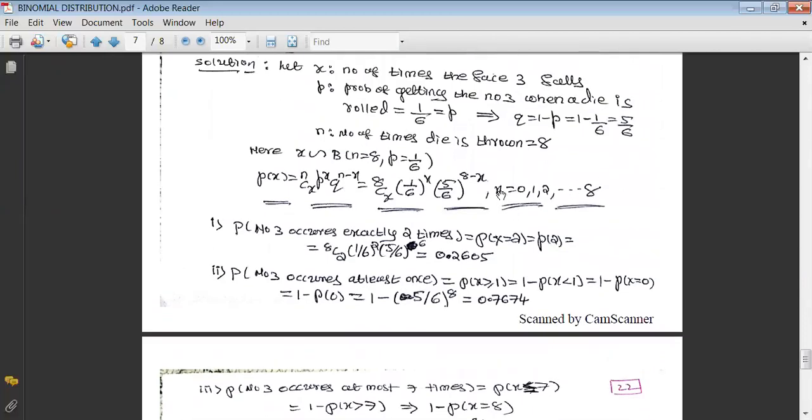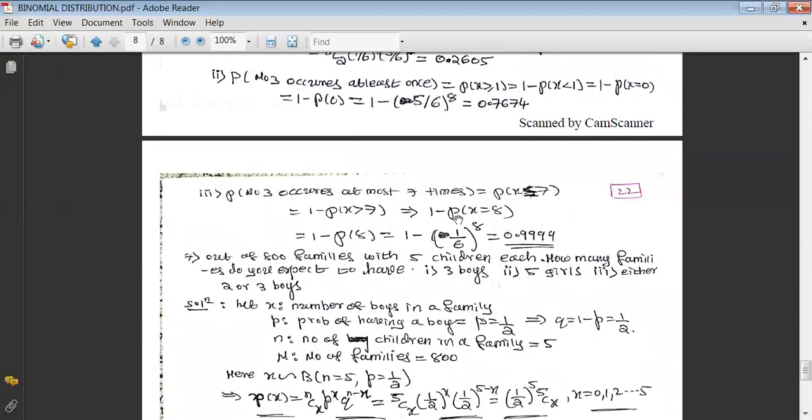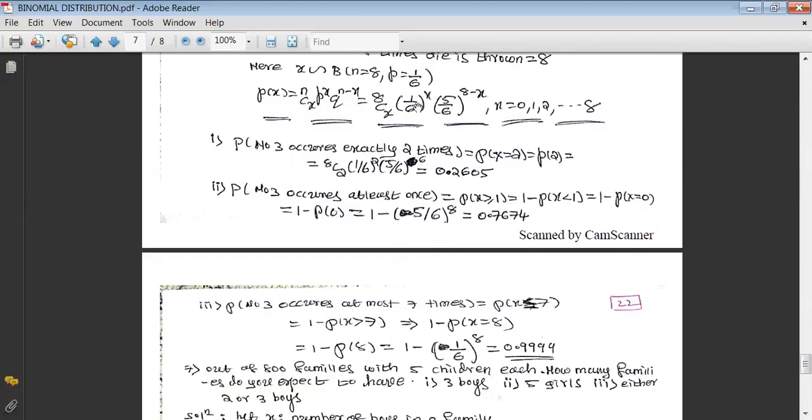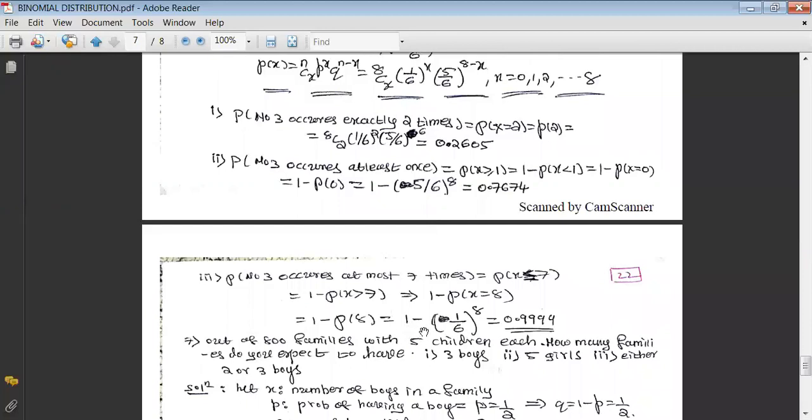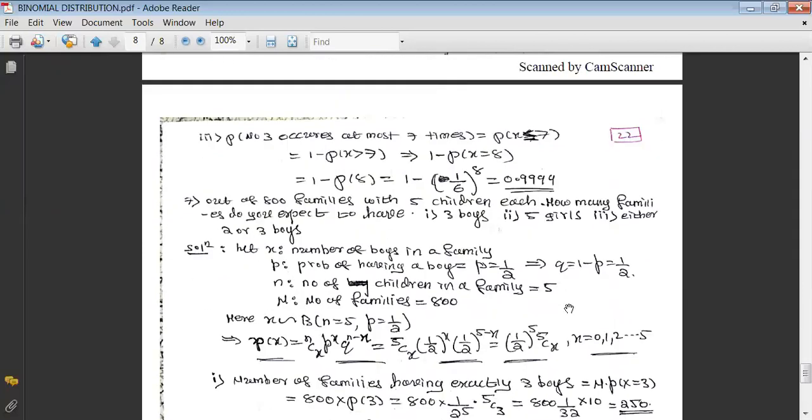As we observe, in this case, x takes the values from 0, 1 up to 8. That's why we can write the probability of x equal to 8. That is 1 minus p of 8. And when you take x equal to 8 here, it will be 1 minus 1 by 6 raised to 8, and its calculation leads to 0.9999.